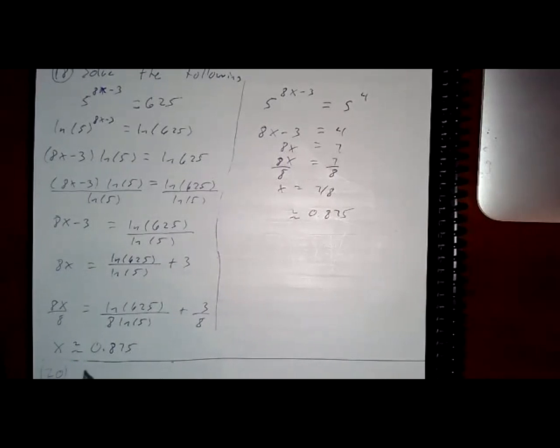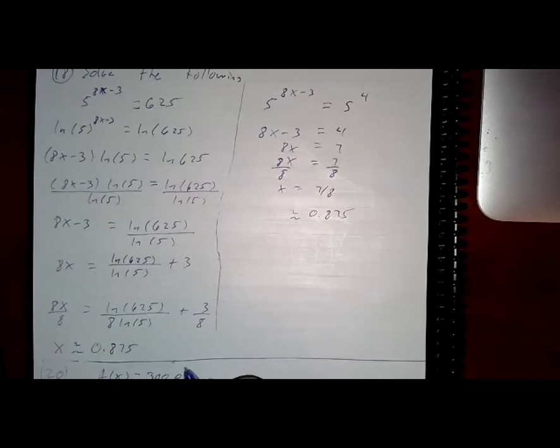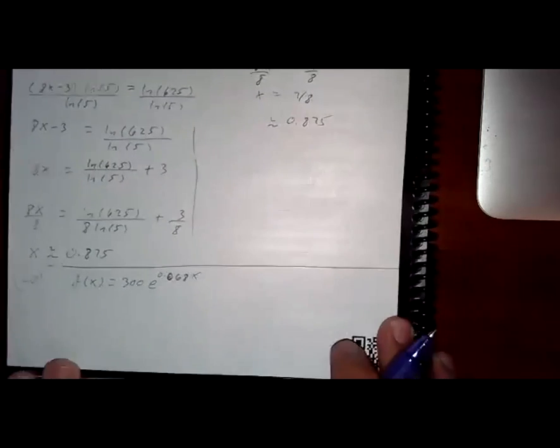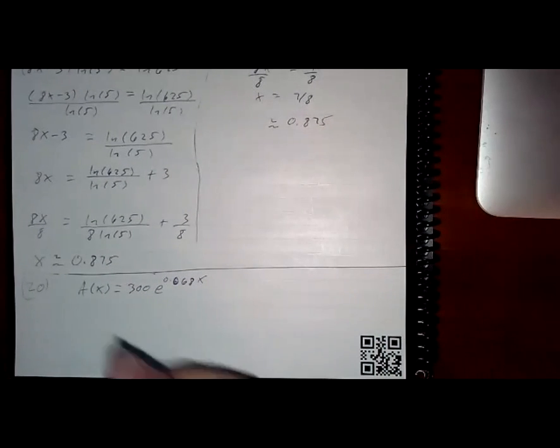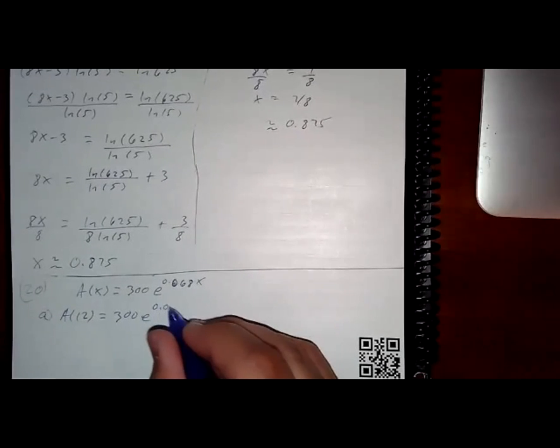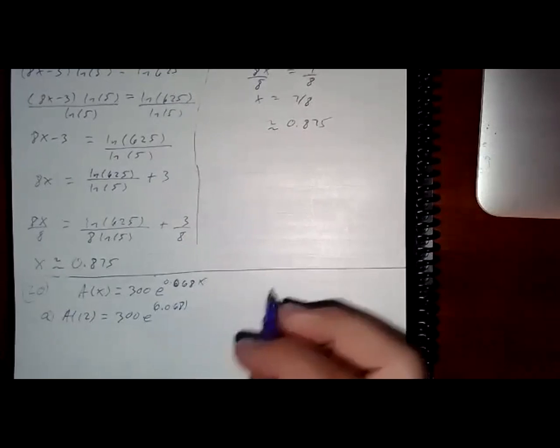Okay. So A of x is equal to 300 e to the 0.068x. So part A wants to know what happens at 2012. So A would be simply A of 12, which is 300 times e to the 0.068 times 12.